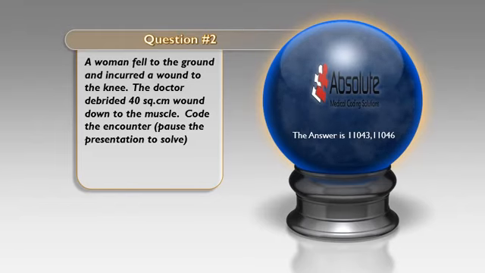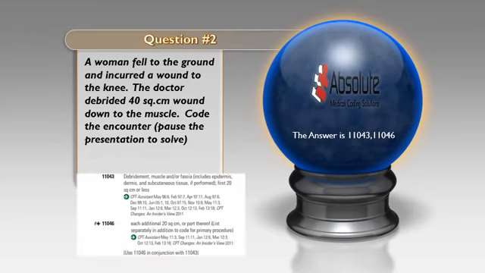However, the area of the wound increased, and 11043 is for the first 20 square centimeters or less, and we've got 40, so we needed to capture that add-on code, and that add-on code is 11046. It says each additional 20 square centimeters or part thereof.